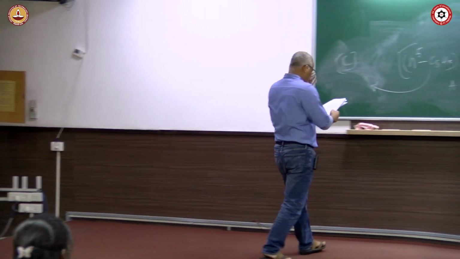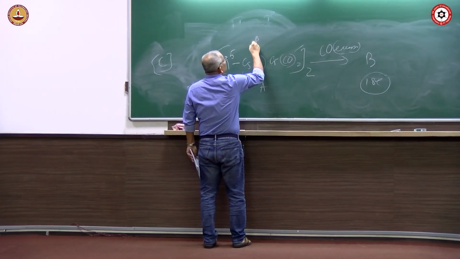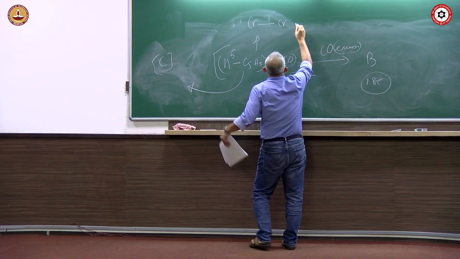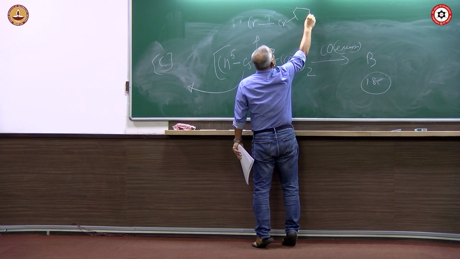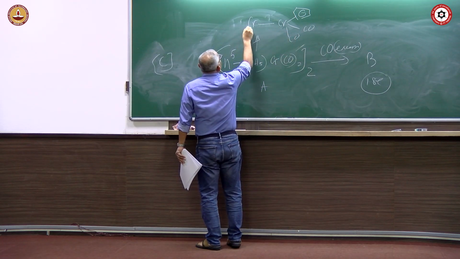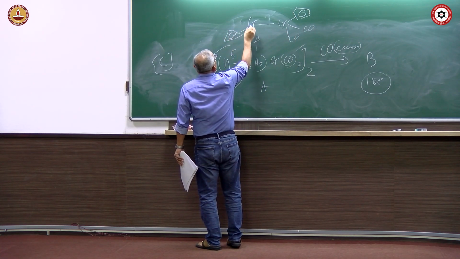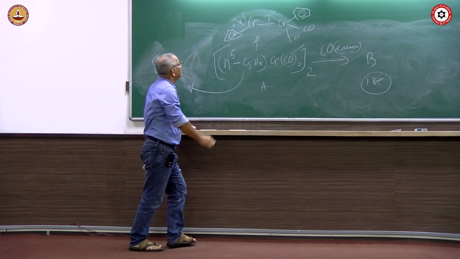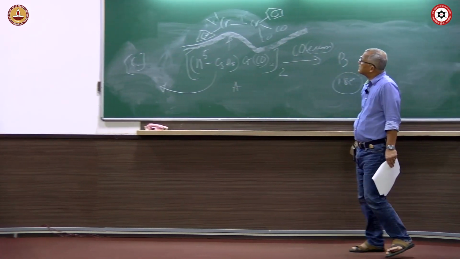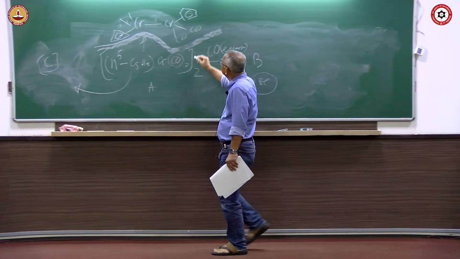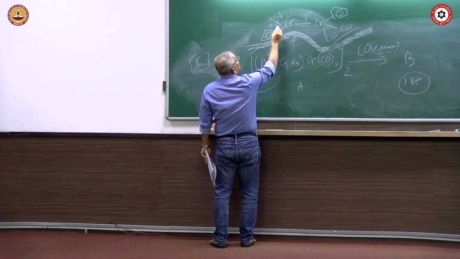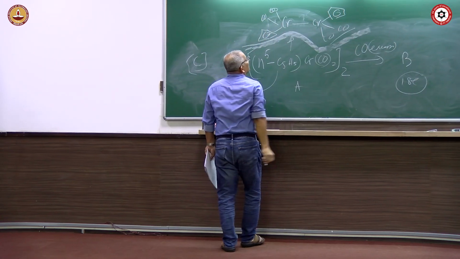So, this is a dimer, it's a chromium, you have eta 5 Cp, CO. That molecule structure is chromium, 2 CO here, and you have eta 5 Cp.